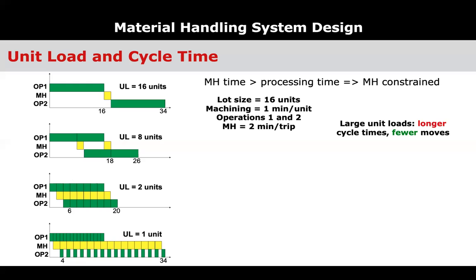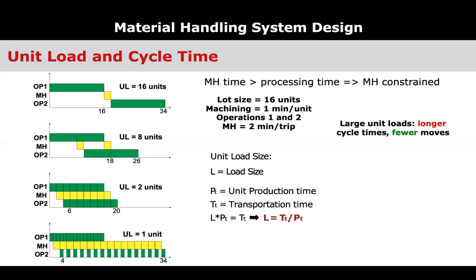So material handling definitely is the issue in that situation. Looking at the diagrams here, it looks like the quickest way to process 16 units and move them between the 2 operations would be a unit load of 2. Now to determine that mathematically, L equals the load size, PT is the unit production time, and TT is the transportation time.